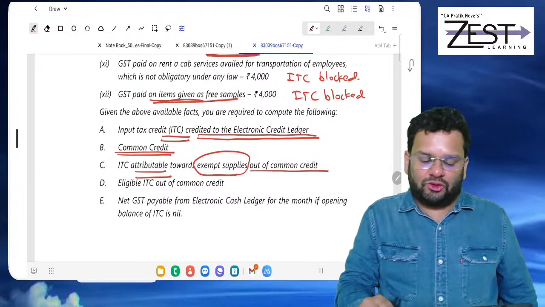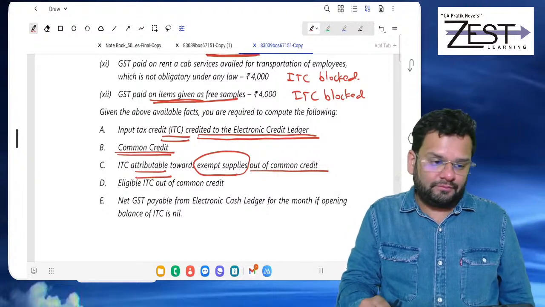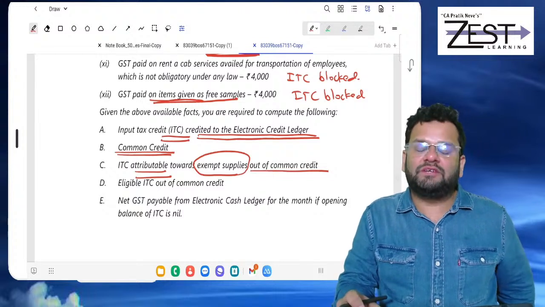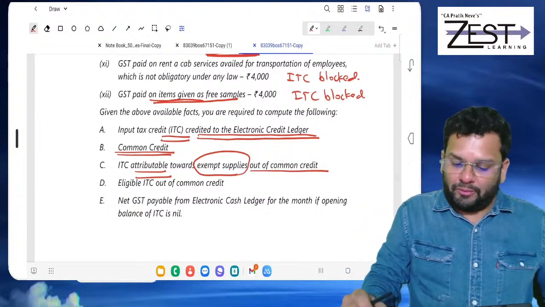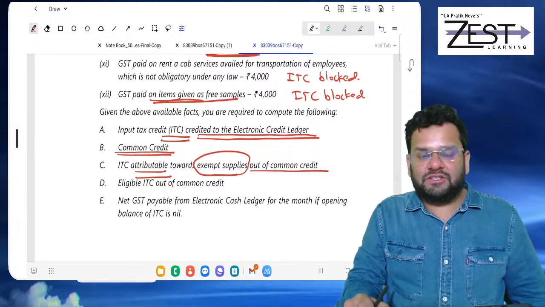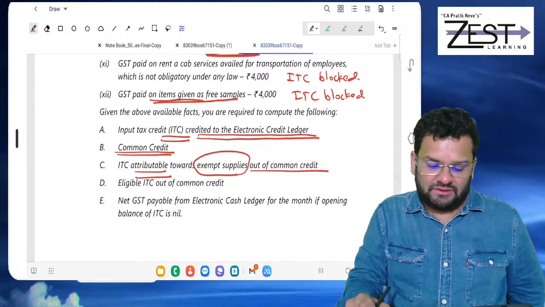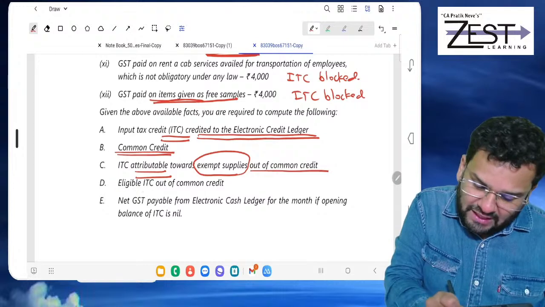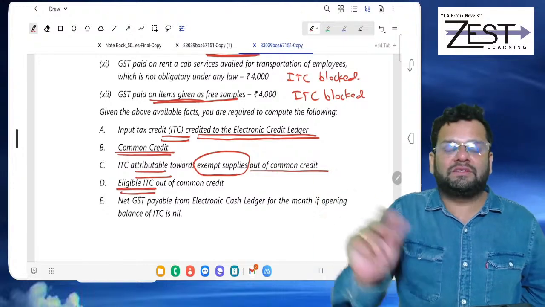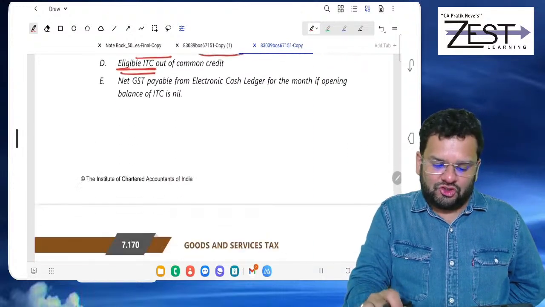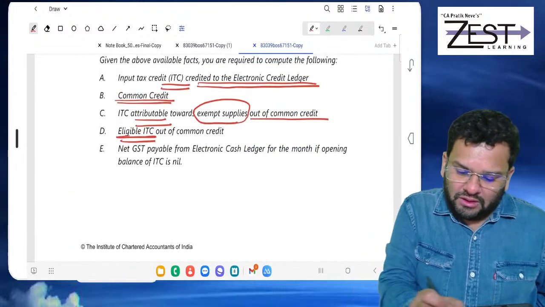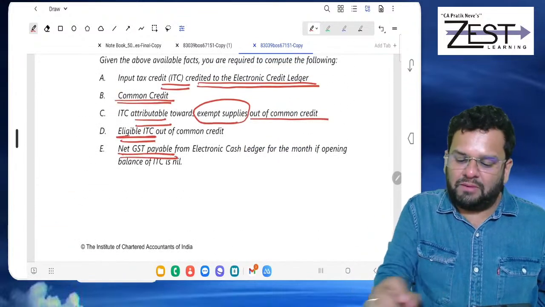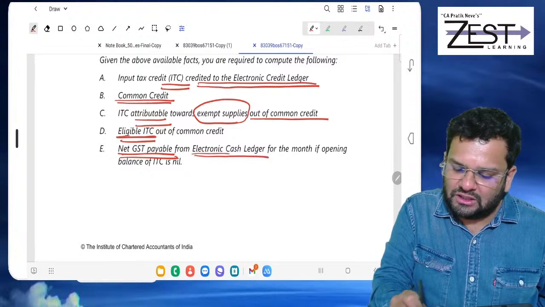Are you able to relate to what we want to find out? Then eligible ITC out of common credit, and eventually we have to find out net GST payable from e-cash ledger.